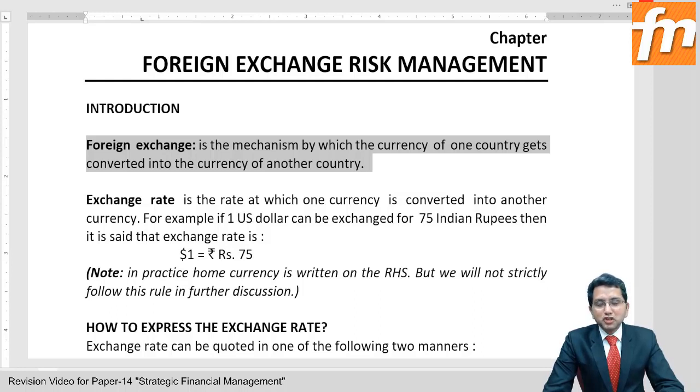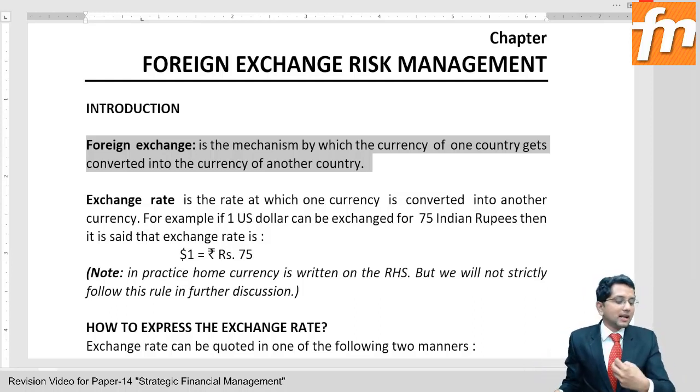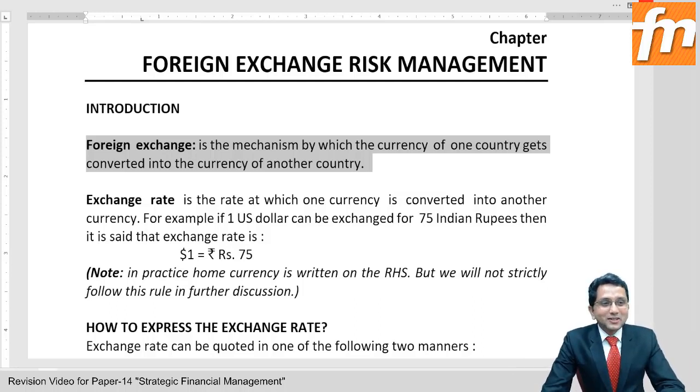So there exists a machine where if I input $1,000, as an output I will get say 75,000 rupees, for example. It's not a physical machine like a photocopy machine where you insert a blank page and then you get out the photocopied page. No, it's not like that.